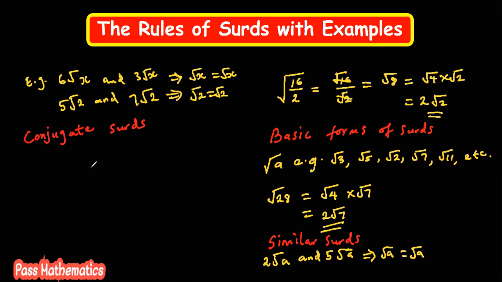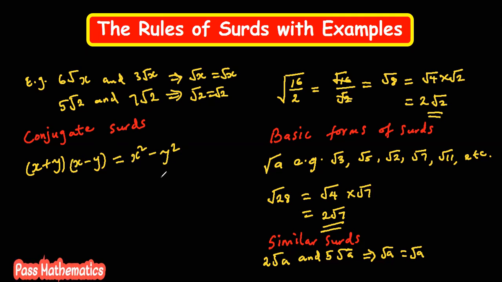In an expression containing difference of two squares, it is known that if you have x plus y in brackets and x minus y in brackets, this is equal to x square minus y square, right?